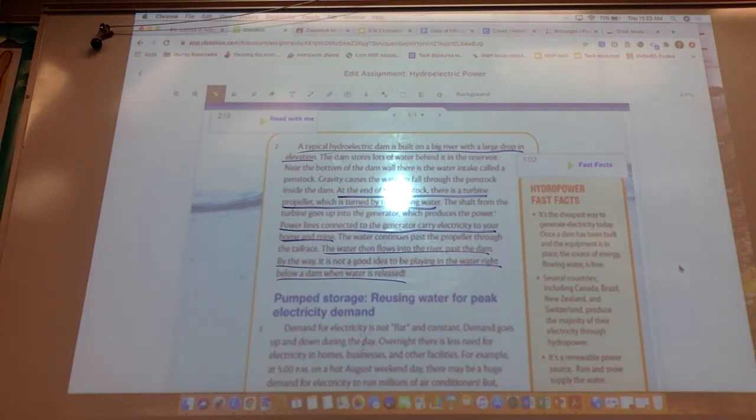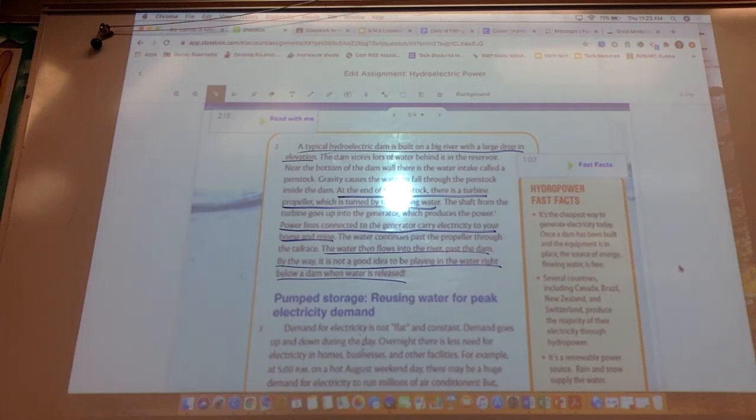Pumped storage is a method of keeping water in reserve for peak periods of power demand. Pumps move water that had already flowed through the turbines back up to a storage pool above the power plant. That happens when customer demand for energy is low, such as during the middle of the night.